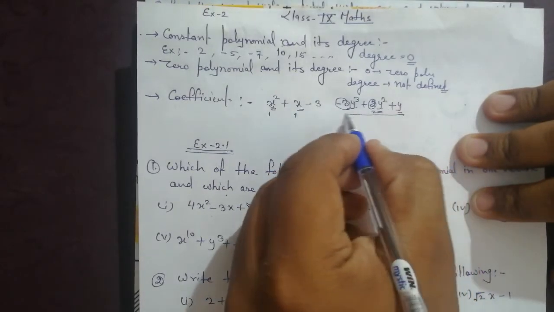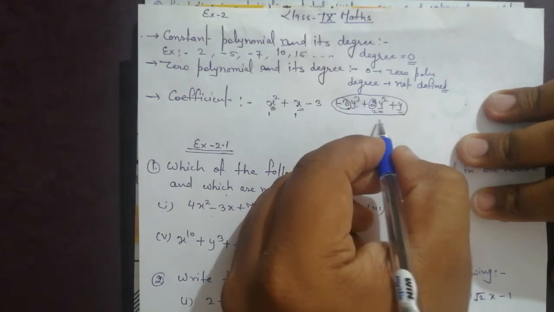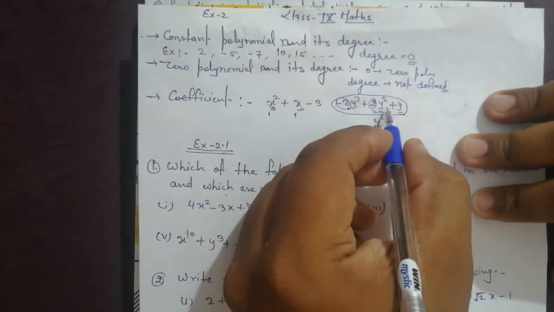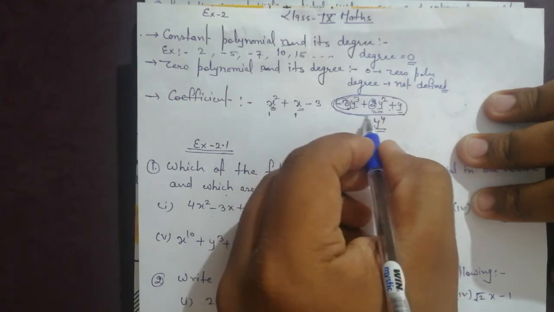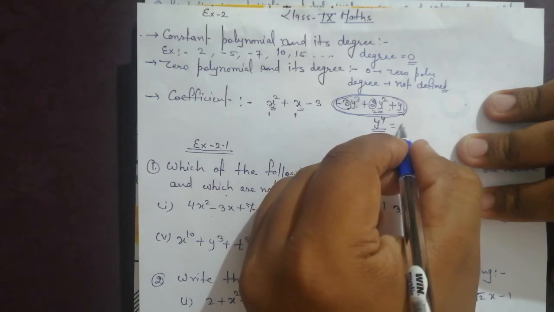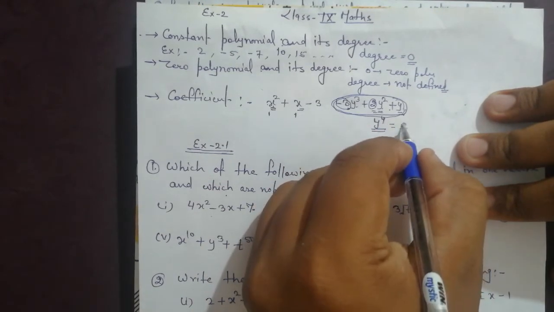Suppose this expression is given and we have to tell the coefficient of y power 4. Now y power 4 does not exist in this polynomial, so the coefficient of y power 4 will be 0.